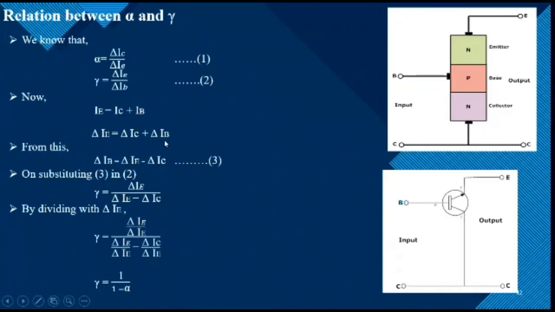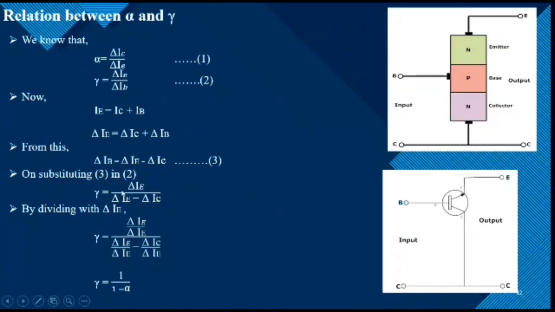From this we can write delta IB is equal to delta IE minus delta IC. Let this be equation 3. Now on substituting equation 3, that is the value of delta IB, in equation 2, we get gamma is equal to delta IE divided by delta IE minus delta IC.